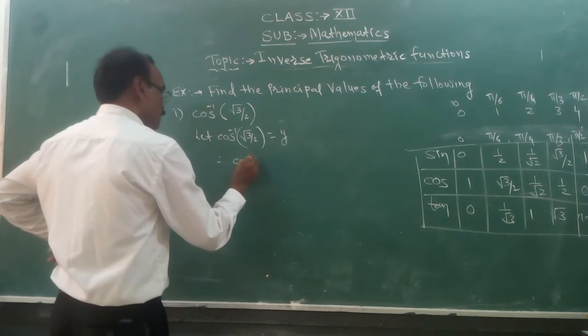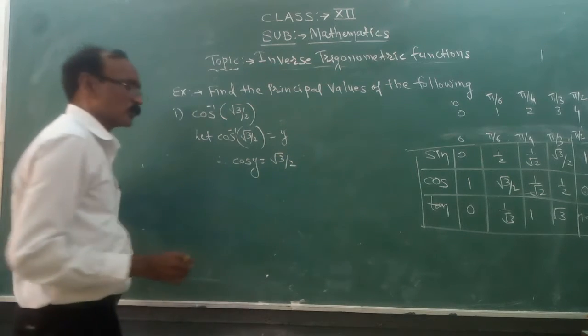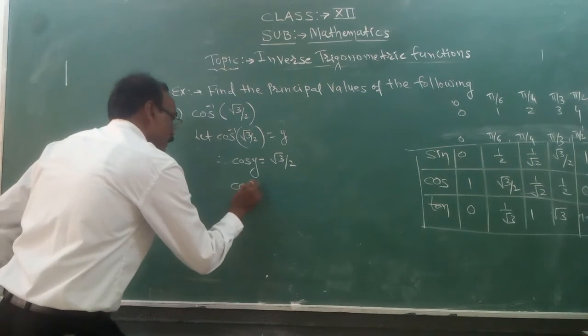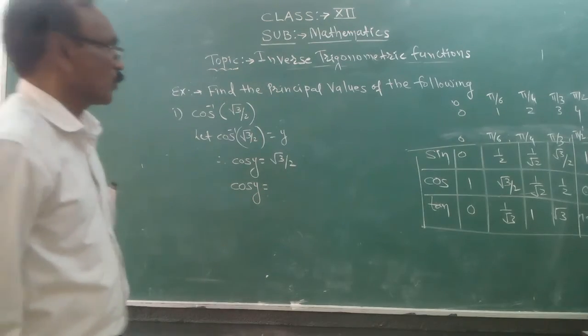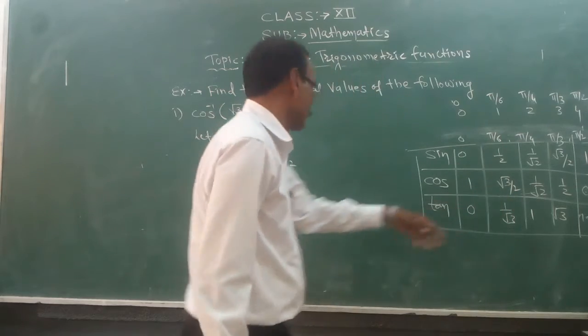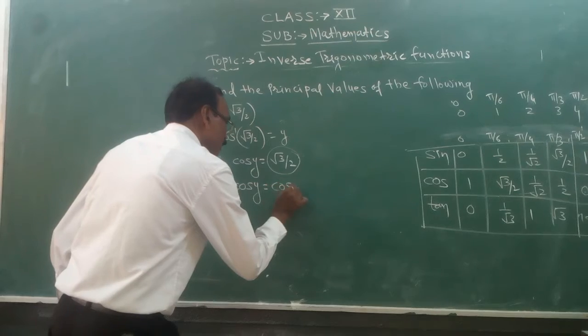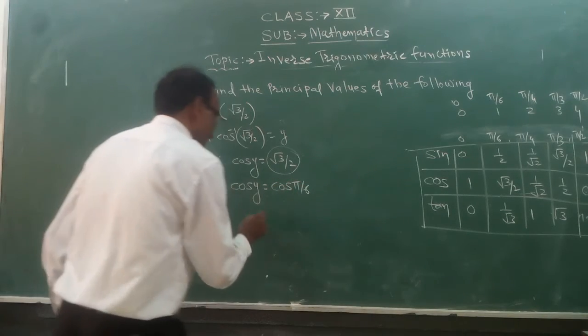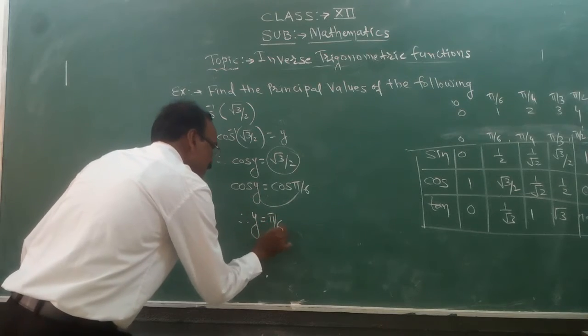Therefore cos y equals root 3 by 2. Now where does cos have the value root 3 by 2? It is at pi by 6. Cos pi by 6 is root 3 by 2, so I can replace root 3 by 2 by cos pi by 6. Therefore, equating, y is equal to pi by 6.